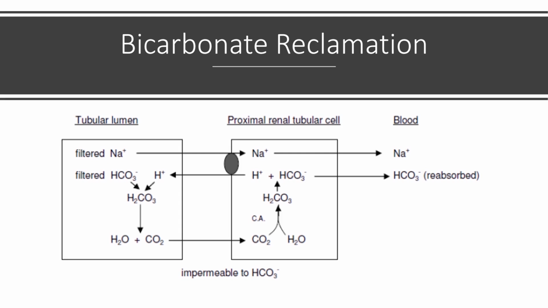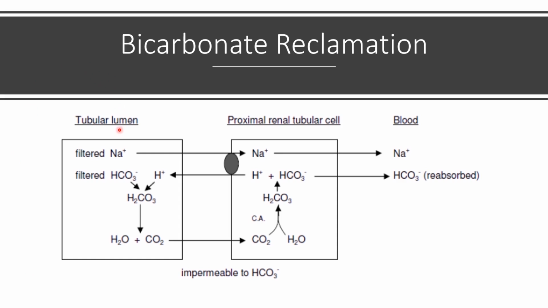So bicarbonate reclamation is a physiological activity that goes on in the body, essentially in the kidney, to ensure that all the bicarbonates that are filtered in the glomerular basement membrane are reabsorbed back into the body. I'm going to use this diagram to explain how bicarbonate reclamation works.